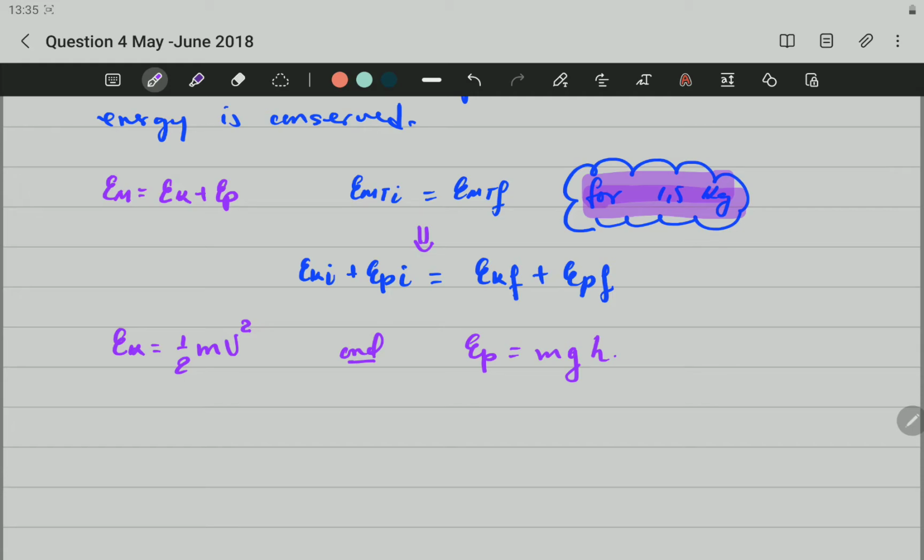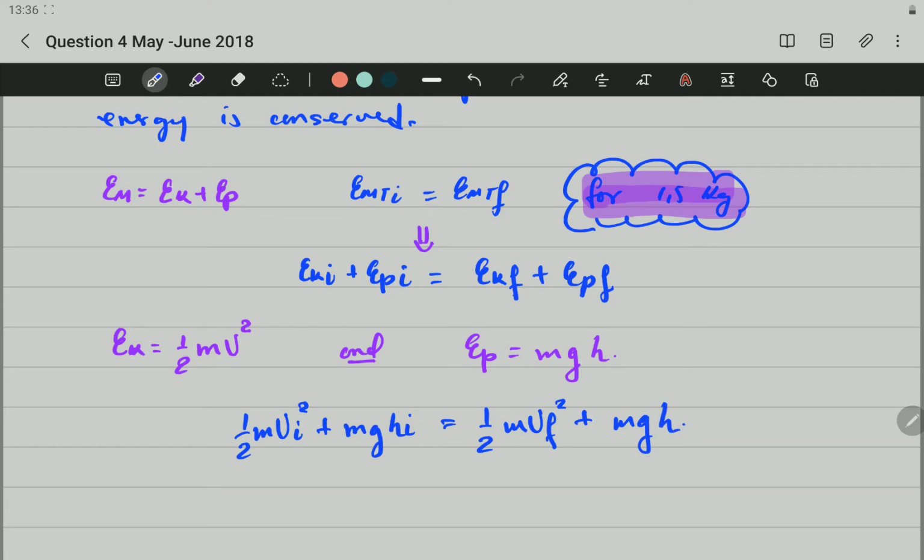So we are going to substitute all that in the previous equation. Here we have half the mass of the trolley multiplied by the initial speed of the trolley squared, plus mass multiplied by acceleration due to gravity multiplied by the initial height, is equal to half the mass of the trolley multiplied by the final speed of the trolley squared, plus mass times acceleration due to gravity times the final height.